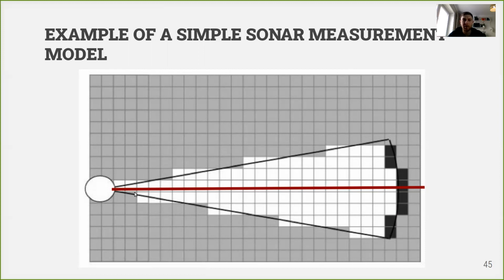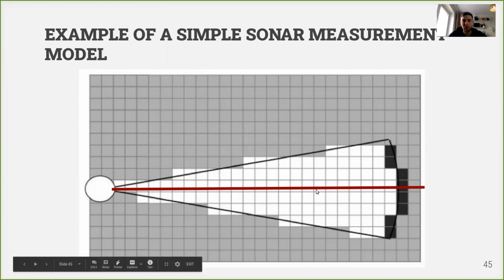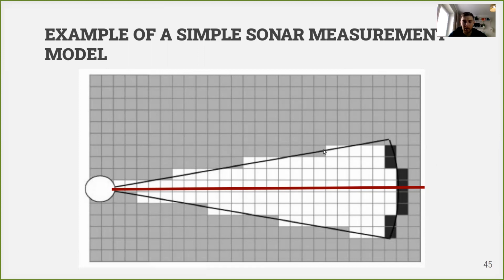And you also remember that sonar emits ultrasound and measures the time it takes for the ultrasound to travel to an obstacle and come back. By measuring this time and knowing the speed of our ultrasound wave, we can compute the distance to our obstacle. Another important feature of sonar you have to remember to understand this model is that by computing the distance to an obstacle, we cannot say where exactly this obstacle is within our field of view.